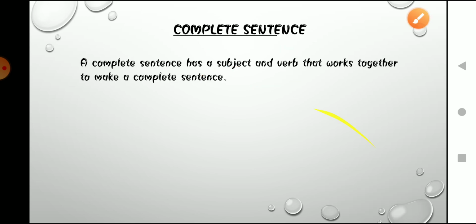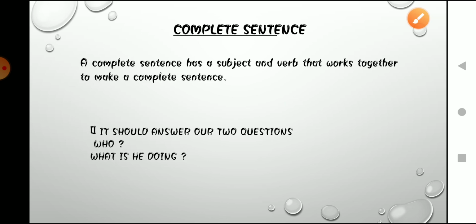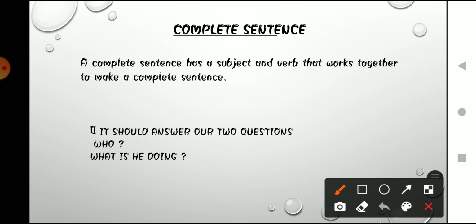It should always give us answers to two questions. The first question is who. We should find the answers to these two questions: the first is who, and the other is what is he doing.